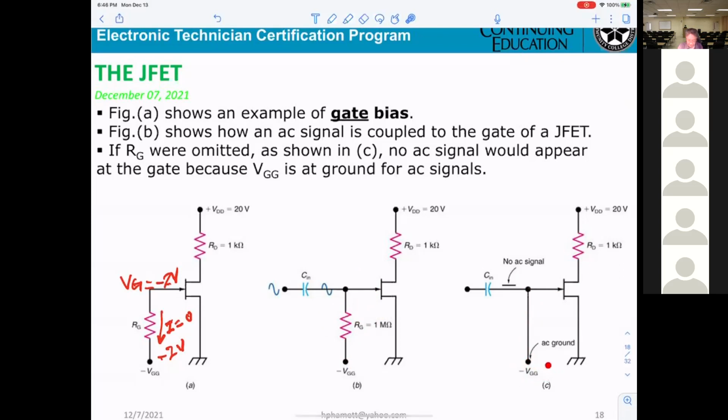VGG, the DC voltage, must be grounded, so the signal will go to the ground, not go to the gate. The thing is you have a resistance here, isolating the gate from the ground.